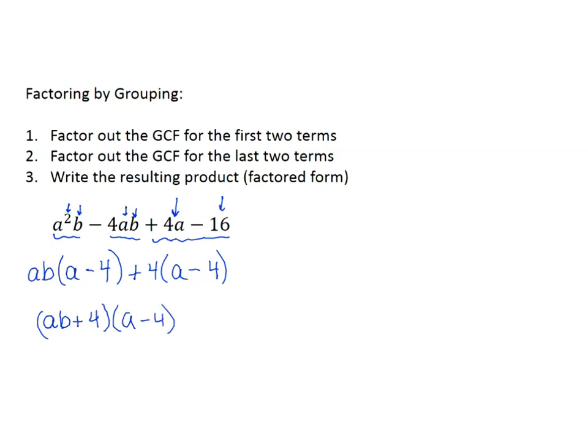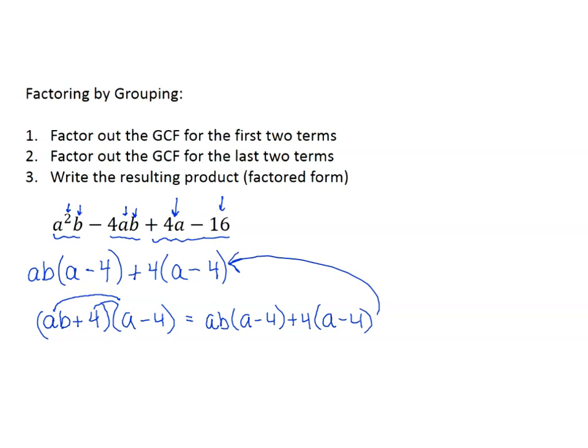So now if I were to distribute ab to this set and 4 to this set, I would have ab times a minus 4 and 4 times a minus 4. So that would get me back to here.